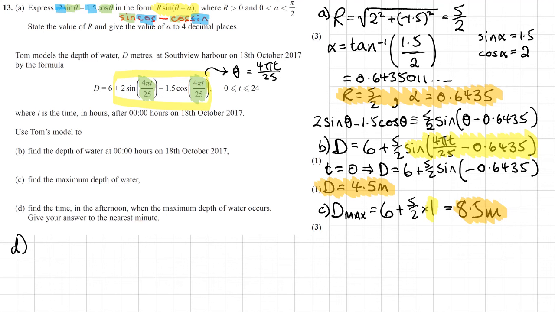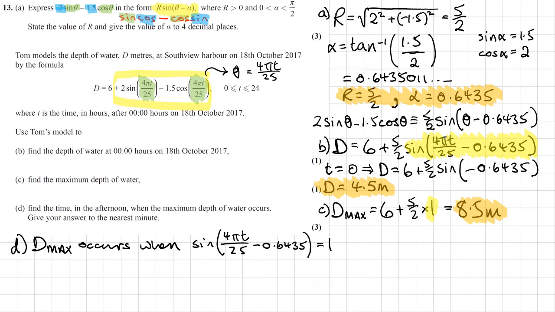So as we said, the maximum depth occurs when all of this bit equals 1. Let's write that down. So when sine 4 pi t over 25 minus 0.6435 is equal to 1. So we can do the sine inverse of both sides.